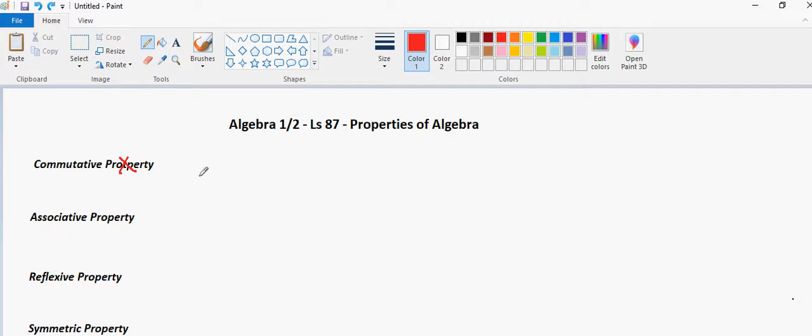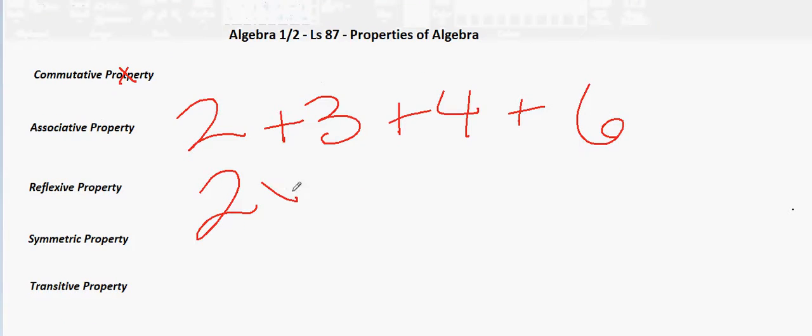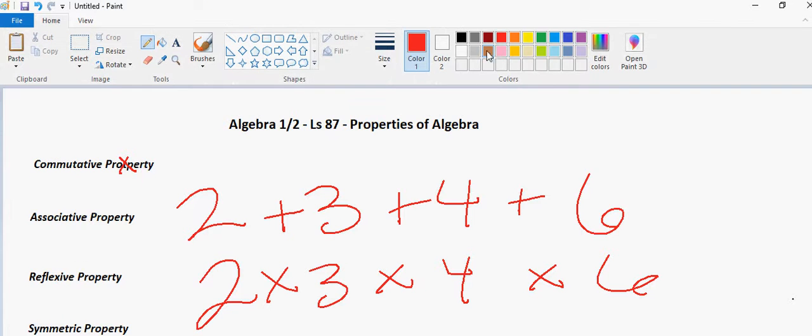If we have a whole list of numbers like 2 plus 3 plus 4 plus 6, two or more numbers added, or if they were being multiplied, it would be the same thing. Let's show it as 2 times 3 times 4 times 6, because these are commutative and you can kind of flop them around. You'll end up with the same final results. That just means that we can use grouping symbols and associate two numbers, associative. Any two of them first, it's not going to matter.